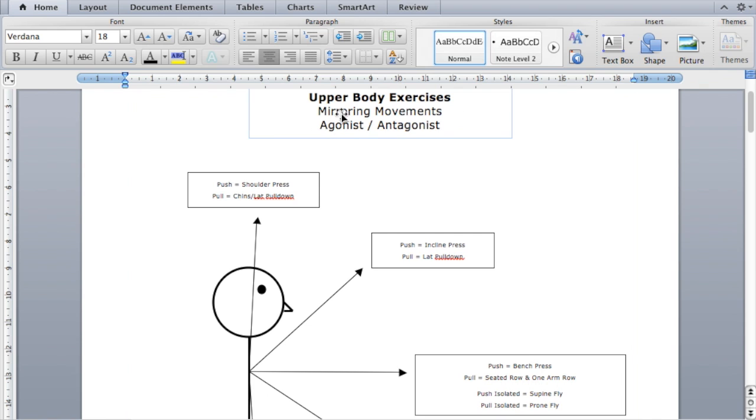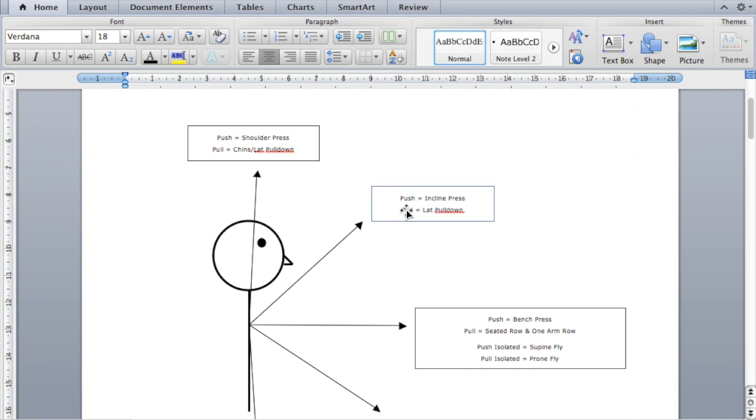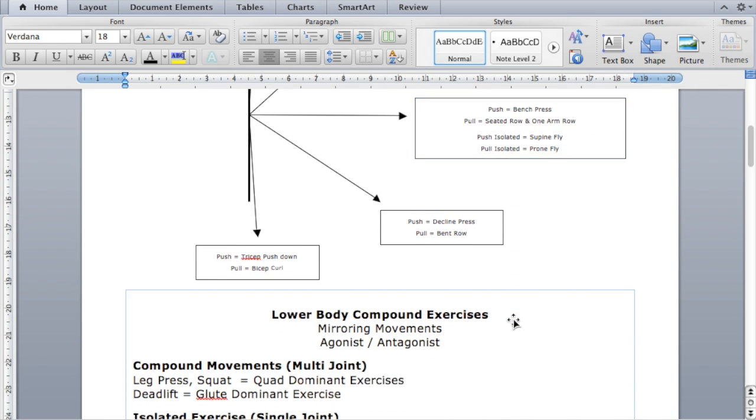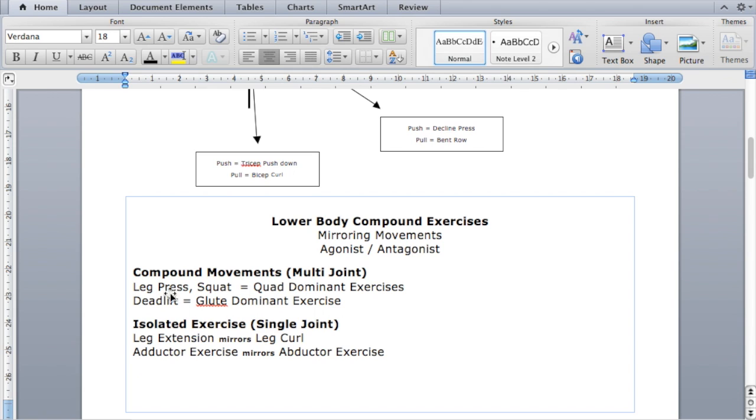It has mirroring movements, so that helps us to plan agonist to antagonist supersets. It gives us some names of exercises that cause opposing movements. It talks about what a compound movement is and what an isolated movement is.